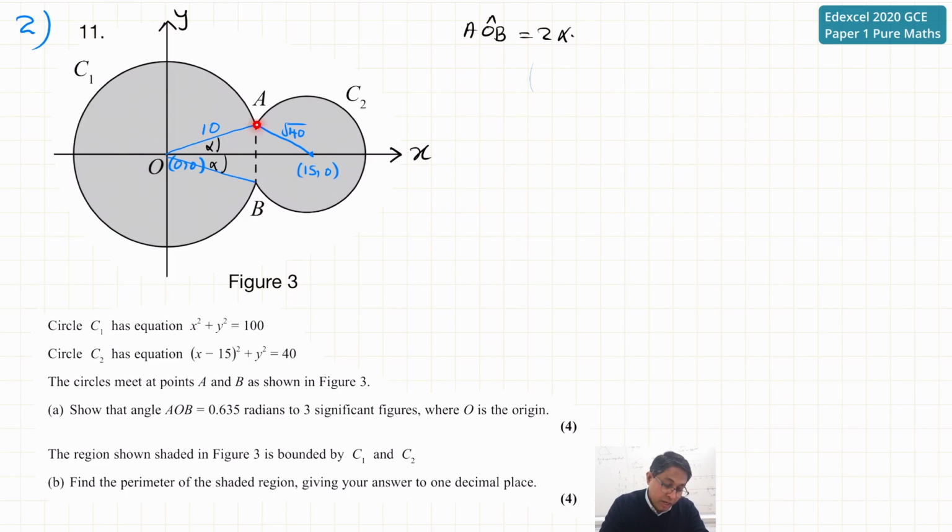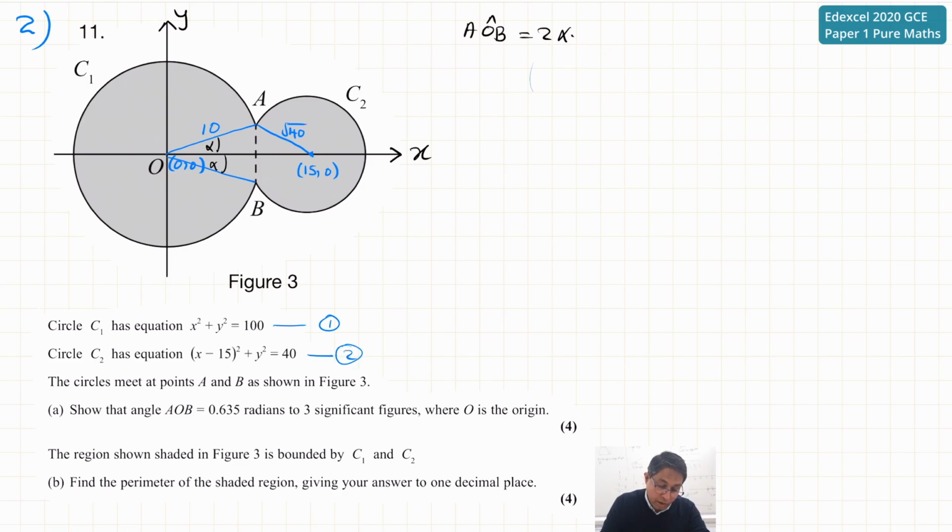If you know the coordinate at this point, you can find this length, which is the y coordinate at this intersection point. Therefore, first you have to solve the equation of this circle and the equation of this circle simultaneously to get this intersection point. I take this as equation 1 and this as equation 2.